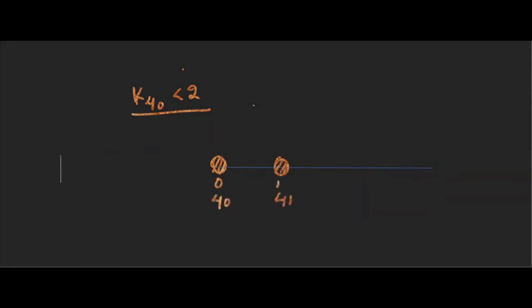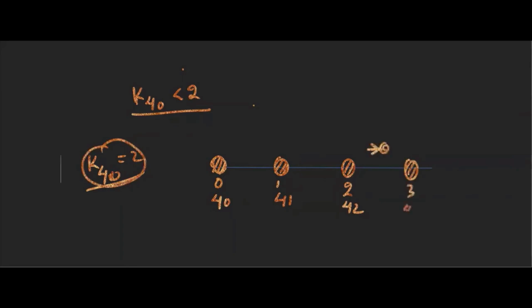Die within 2 years, right? K40 is less than 2. K40 is equal to 2 means? That means survive 2 years. Survival of a person, 2 years survival, right? Yes. So this means this one, that's fine.